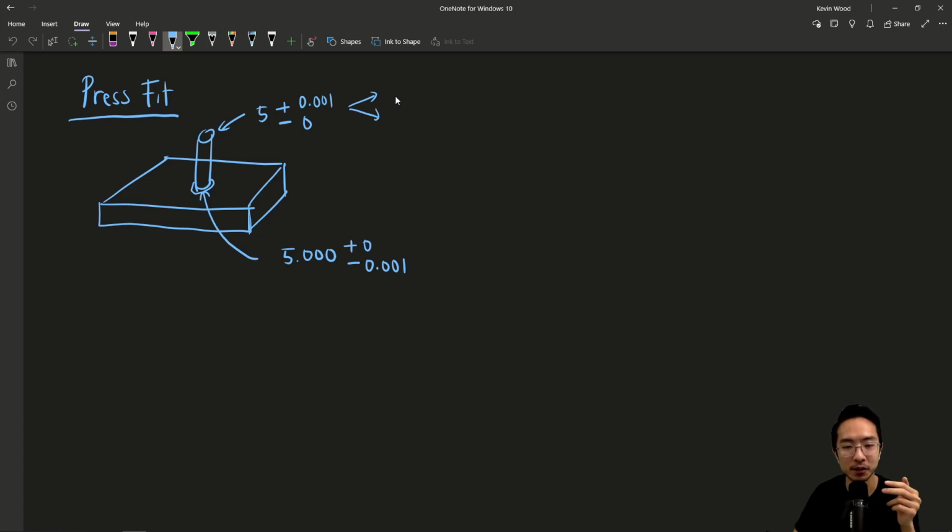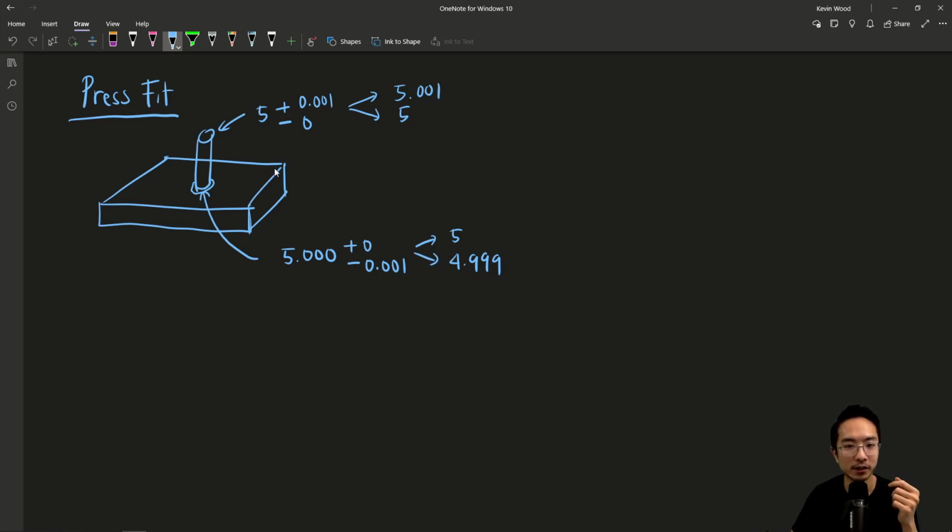But anyway, for here, as we see now, the upper limit is gonna be 5.001, and the lower limit is gonna be 5. And then here we have an upper limit of 5 and a lower limit of 4.999. Okay.